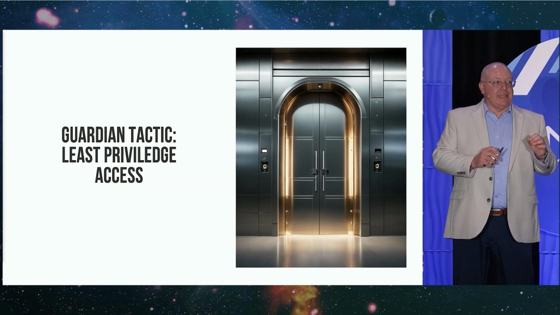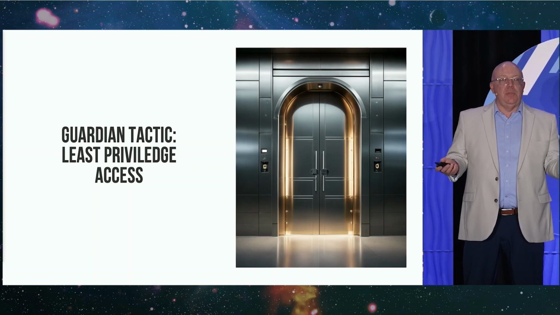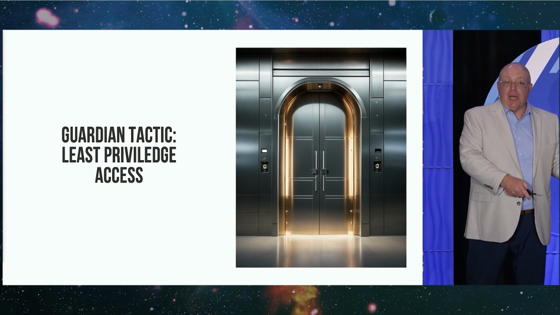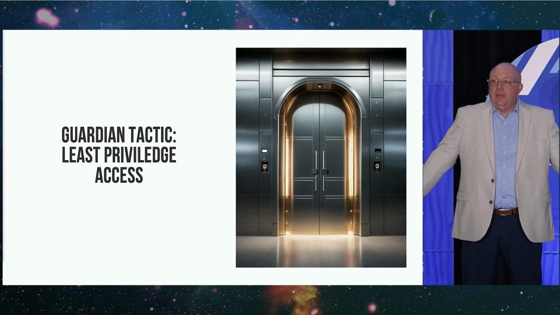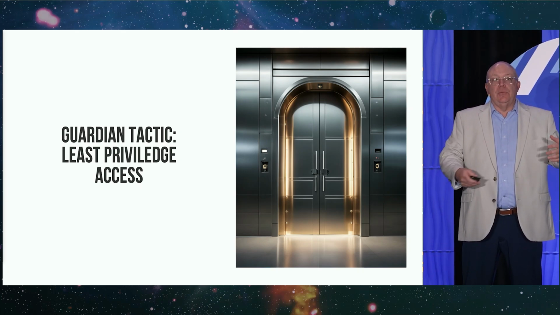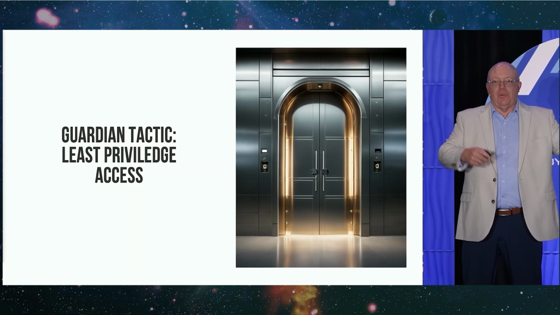Another great guardian tactic, least privilege access. So this means people should only get to things they need to get to do their job. So if I'm in, say, shipping, probably don't need access to HR data, payroll data, confidential employee records, things like that.